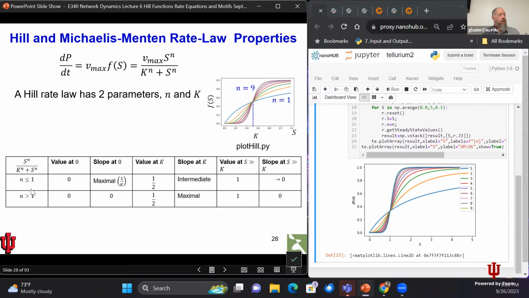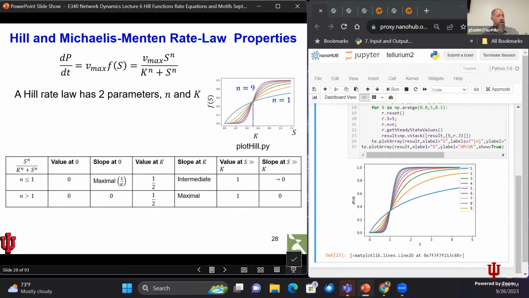If the exponent n is bigger than 1, then the value at 0 is 0. The slope of the line at 0 is 0. The slope is maximal where s is equal to k. And the value for s being very large is 1.